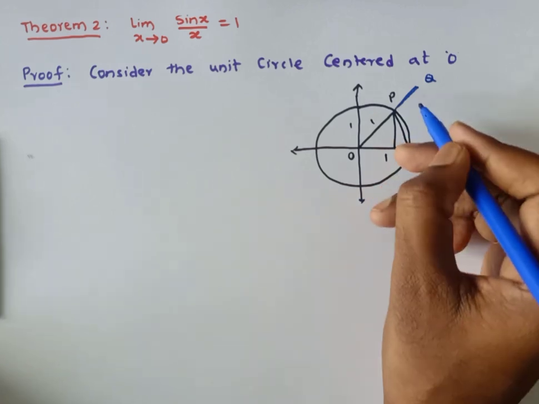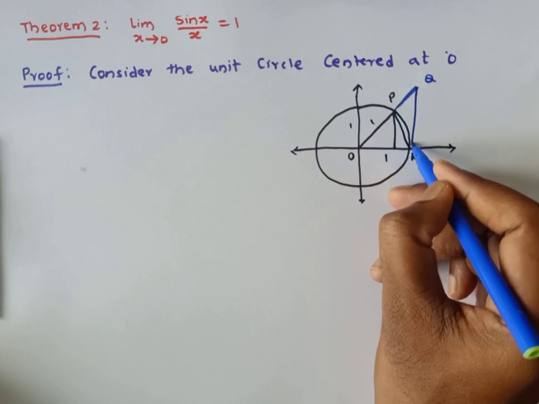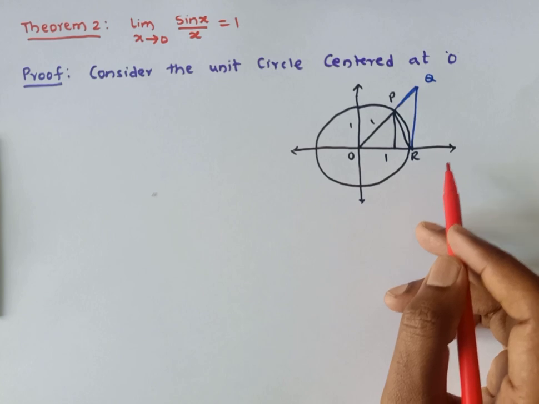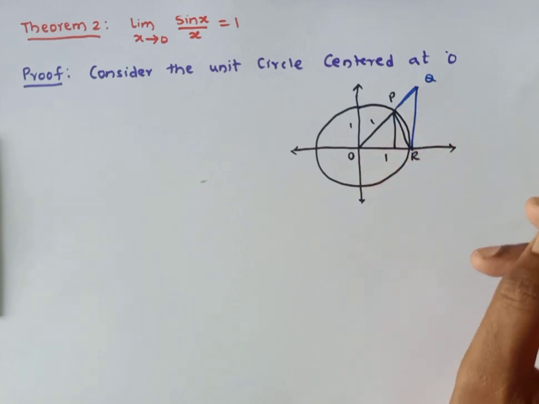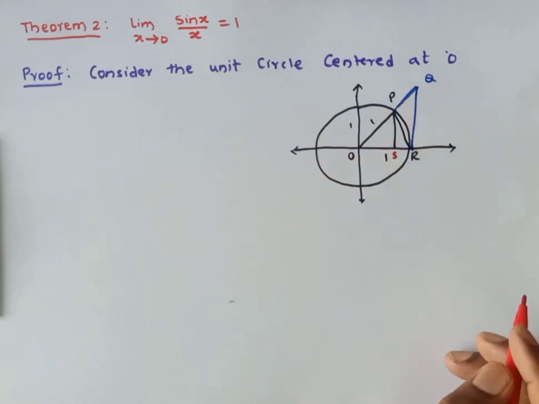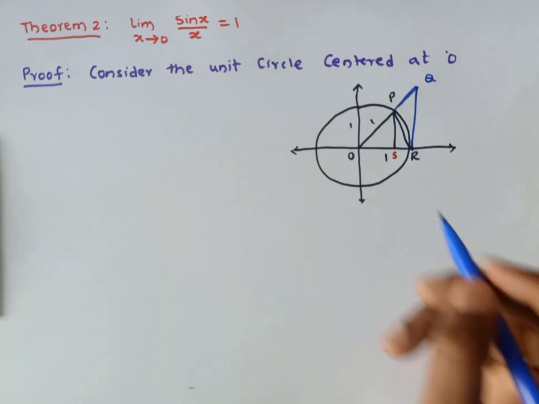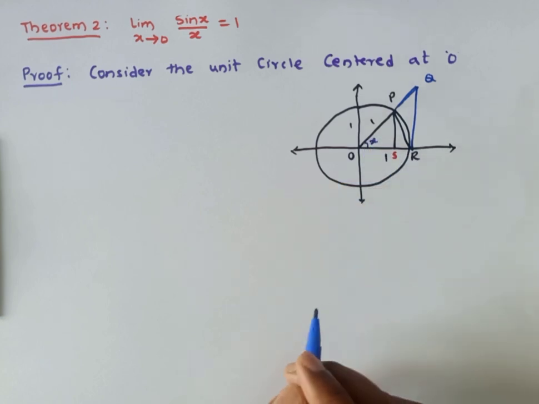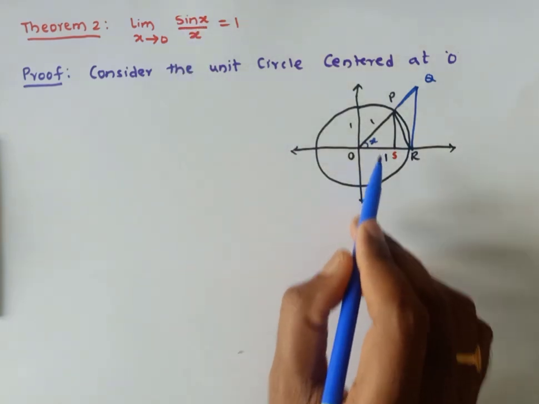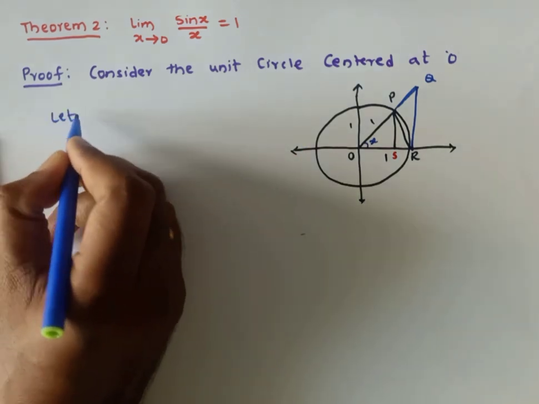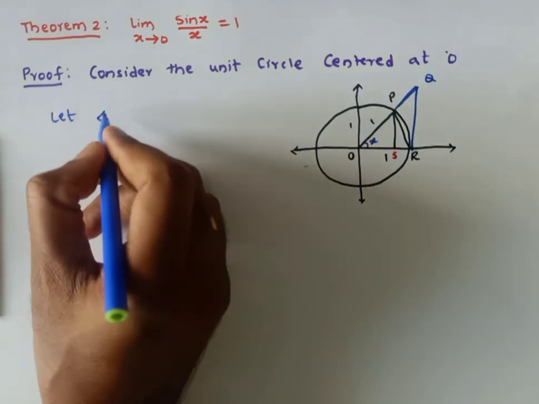If we join these 2 points Q and R, you can observe that ORQ is also a triangle, and let this be S, OPS is also a triangle. This line OP makes an angle with the positive x-axis, let it be X. Consider angle ROP.